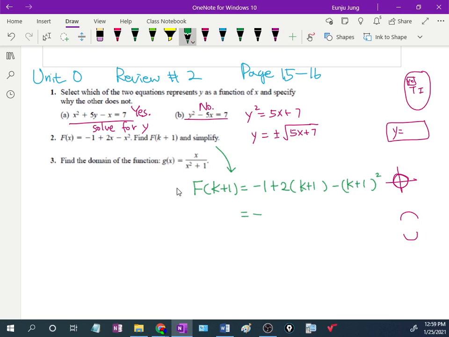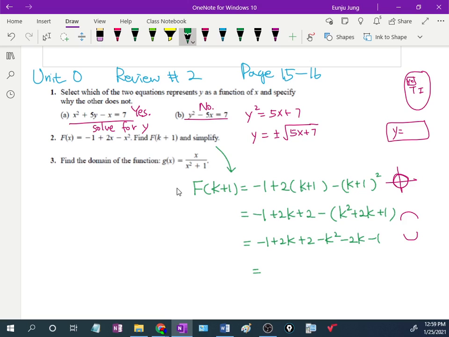First of all, let's do the distributive property: 2k plus 2. Next, I need to consider the perfect square. Square the first, double the product, and square the last, and then expand by taking its negative. We do the distributive property one more time: negative k squared, negative 2k, subtract 1. We simplify and write polynomial functions in descending order.